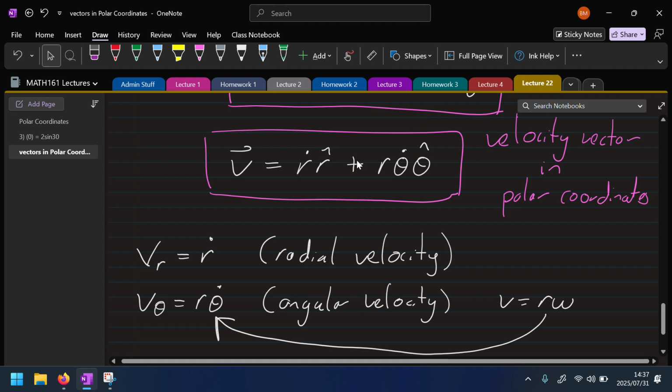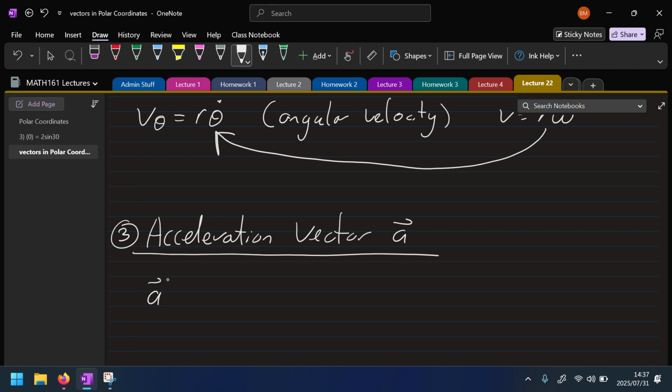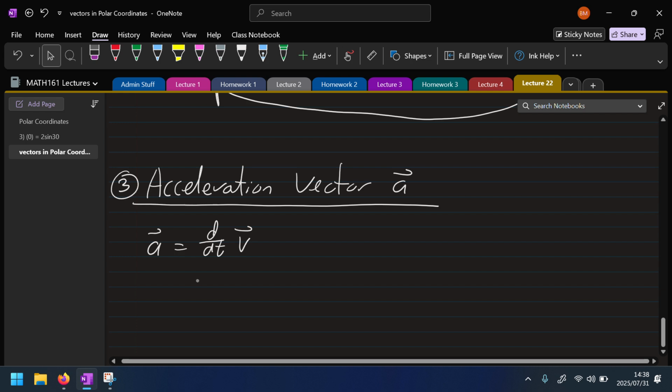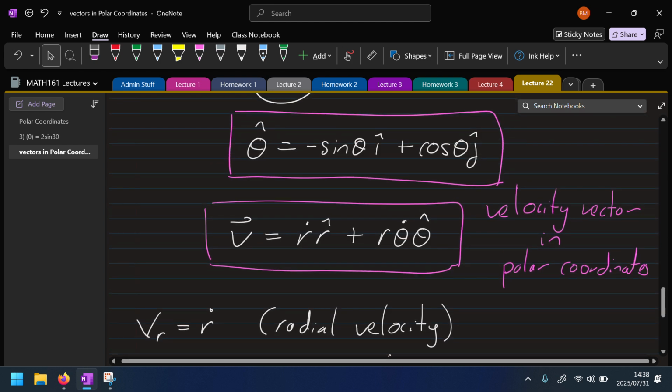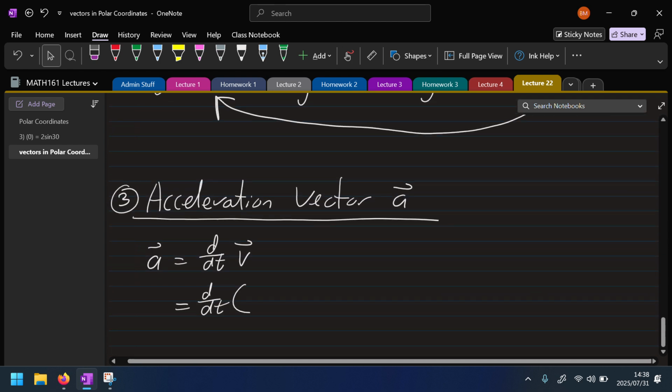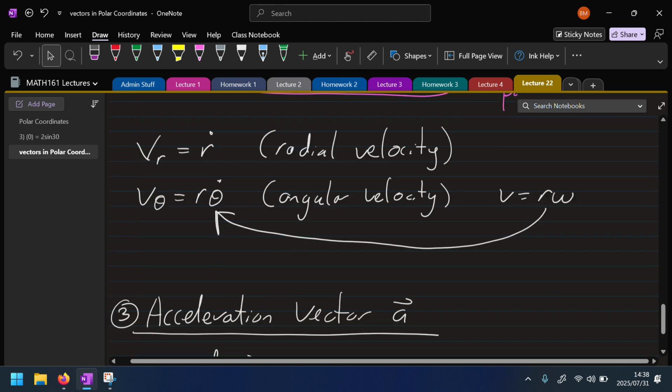So we're just going to do the time derivative of that. So this will be d by dt of the velocity vector, but now written in the polar form. Okay, so let's see what that was. So r dot r hat, that's our first bit, plus, and then the second bit that has the three parts, r theta dot and theta hat.